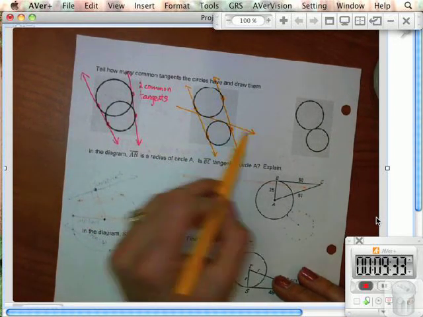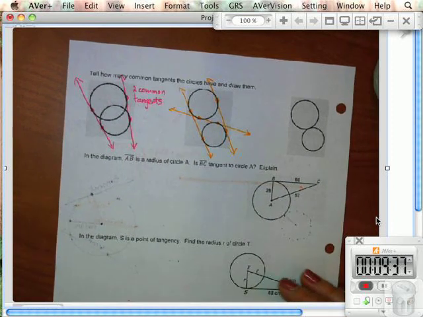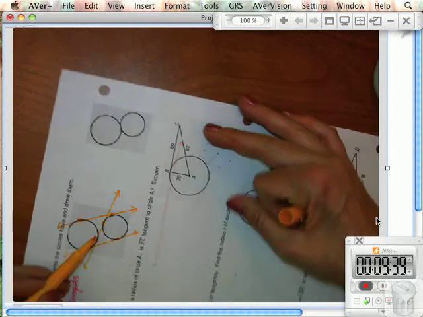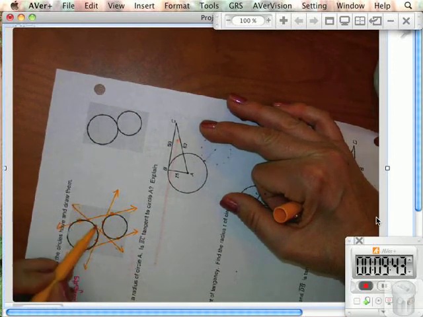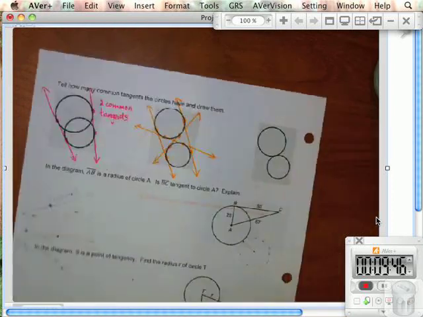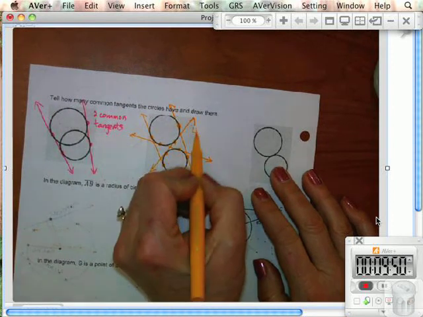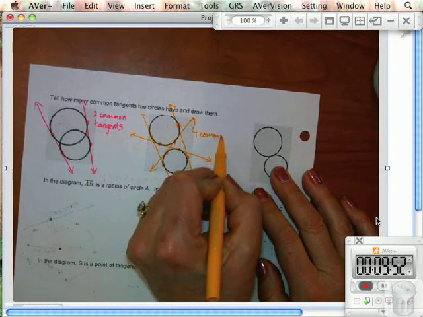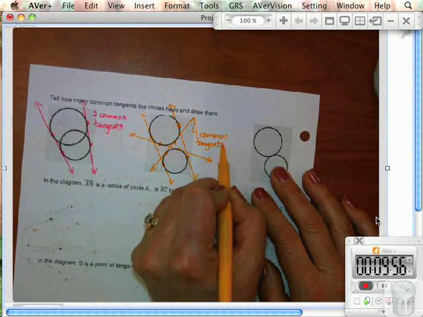We could do two diagonals. There's a tangent line, and then there's another one going the other way. So how many common tangents are there? 4. We're not counting the intersection points. We're just counting the lines. Tangent is a line.